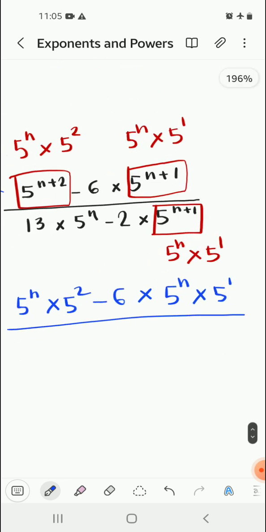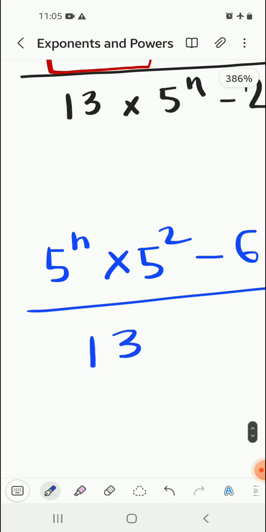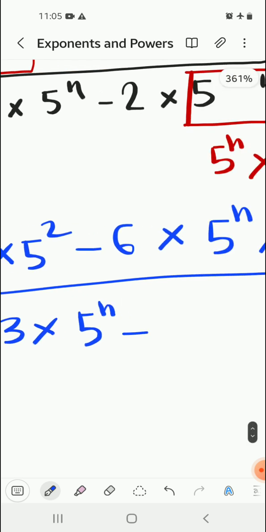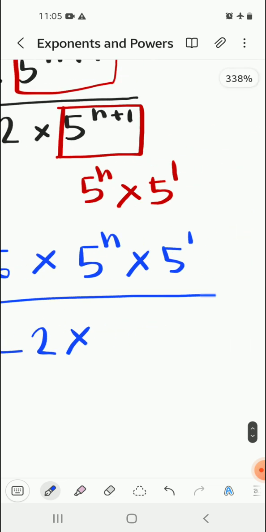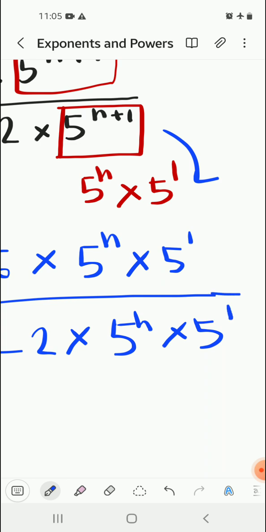Similarly, in the denominator, 13 into 5 to the power n minus 2 into, replace this by this, so we get 5 to the power n into 5 to the power 1.